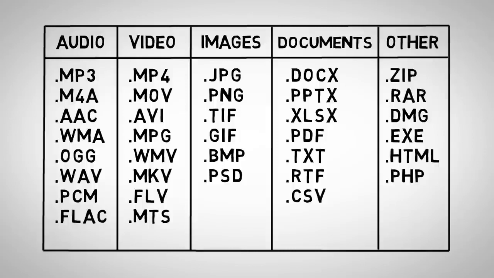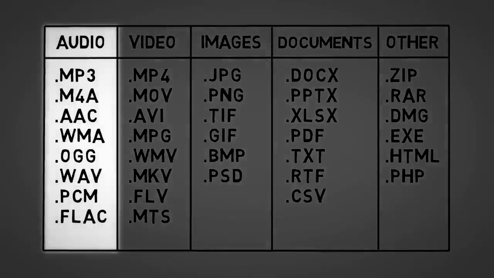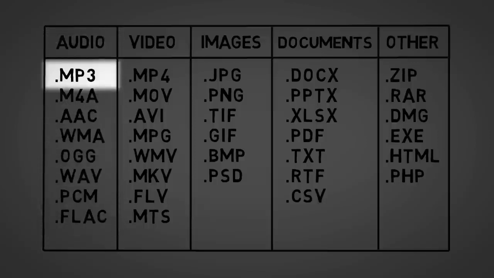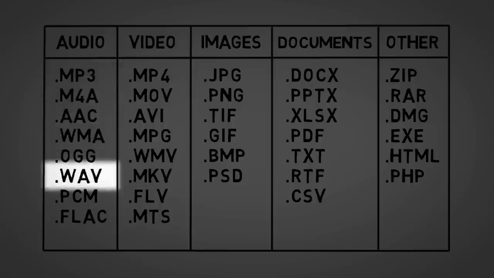For example, among the audio formats, some are uncompressed, meaning that the audio is high quality but takes up a lot of space, and some are compressed, meaning that they sacrifice a little bit of quality in order to take up less space. One of the most common compressed formats that you'll probably recognize is MP3, and one of the most common uncompressed formats is WAV, or WAVE.